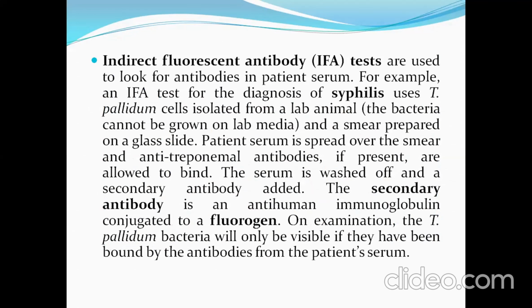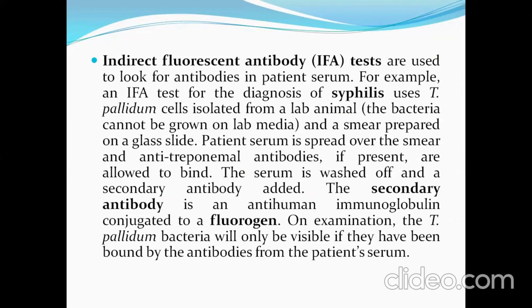And another is the indirect fluorescent antibody method. These tests are used to look for antibodies in patient serum. Not the antigen, we are searching for the antibodies in the patient serum. For example, an IFA test for the diagnosis of syphilis uses Treponema pallidum cells isolated from a lab animal and a smear prepared on a glass slide.